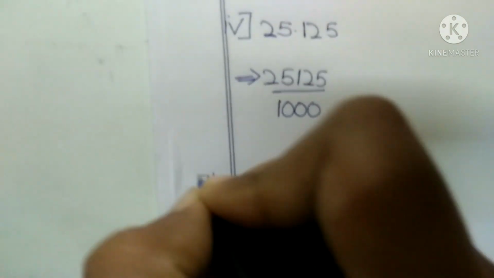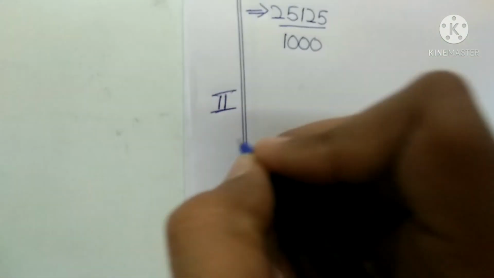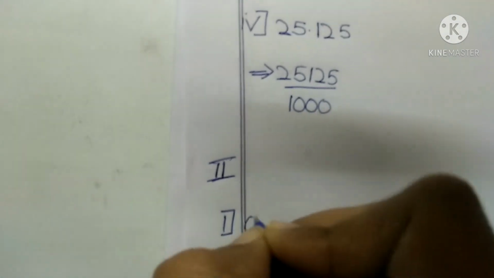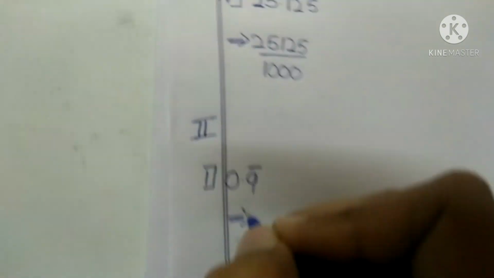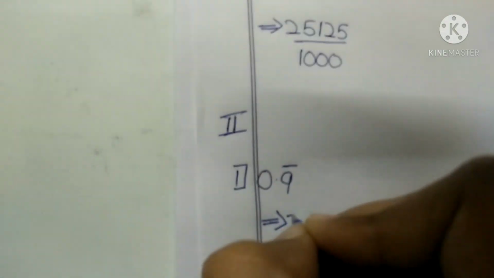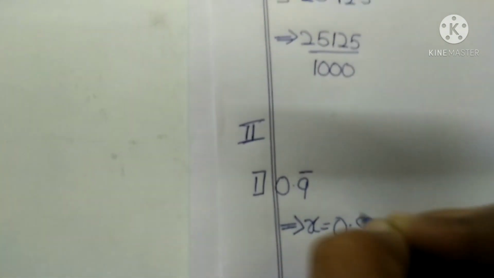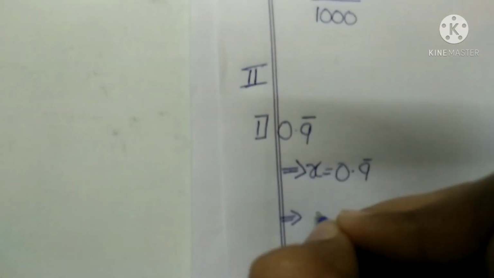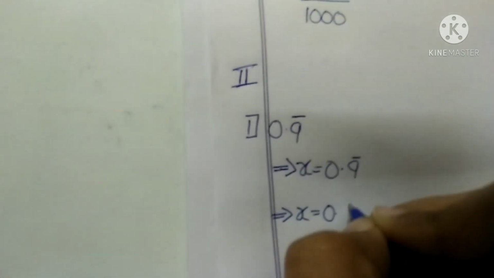Now let us see the first problem in the second part. They gave 0.9 bar. x equals 0.9 bar, that is x equals 0.9999.